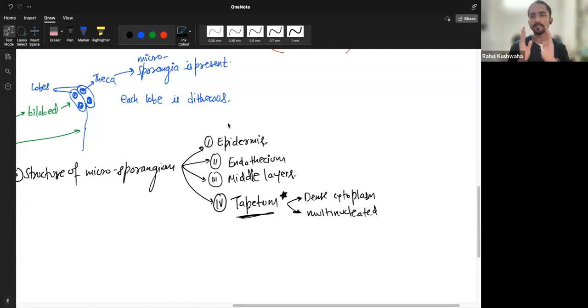So let's break down this problem. Let's give simple answers. What happens when a cell is multinucleated? What happens when it has multiple nuclei? Can we say that if it is multinucleated, then it will have multiple copies of the same chromosome? If it has 4 nuclei, it will have 4 copies.